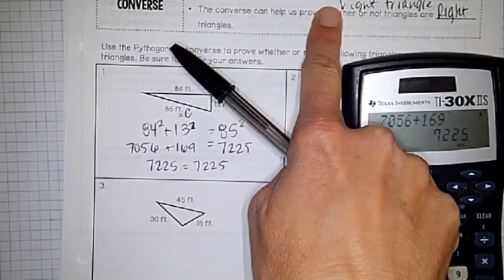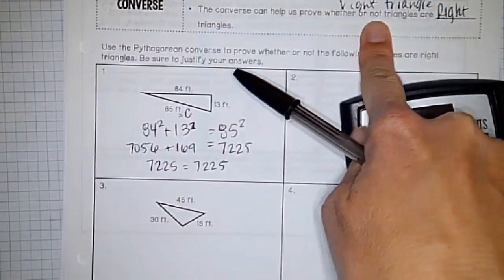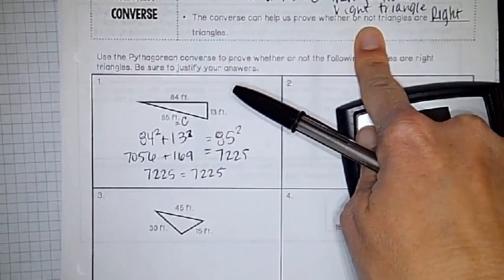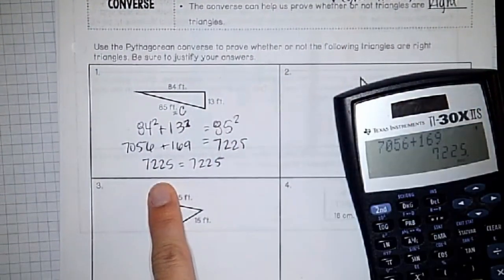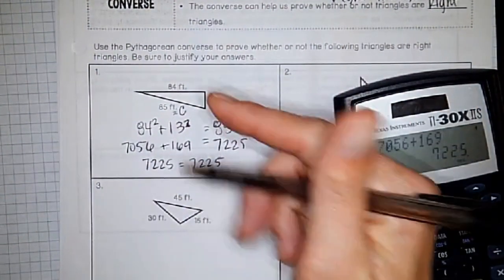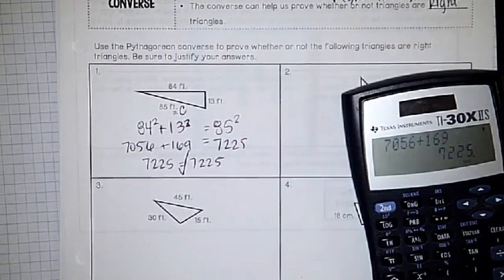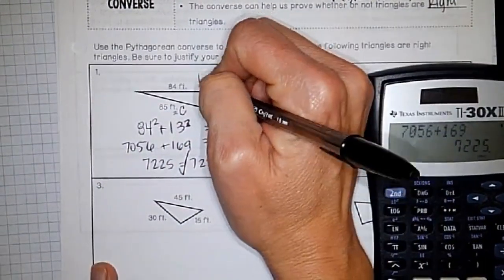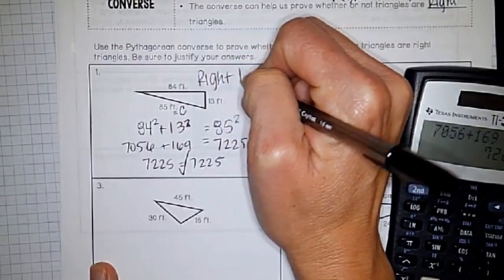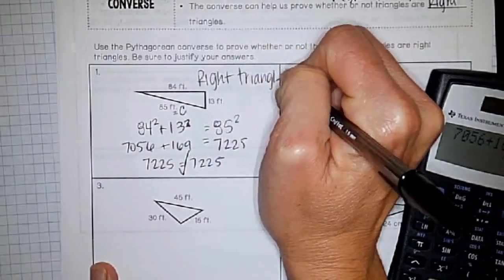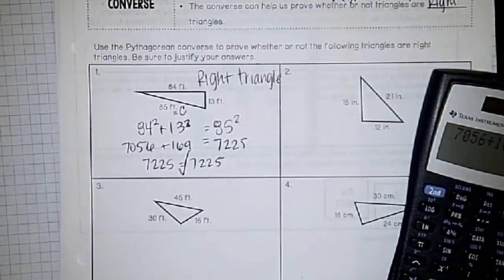Right triangle. Does a squared plus b squared equal c squared? So is the first one a right triangle? Yes. This is how you prove when you don't have a box. We're trying to prove it if we don't have the angle box.